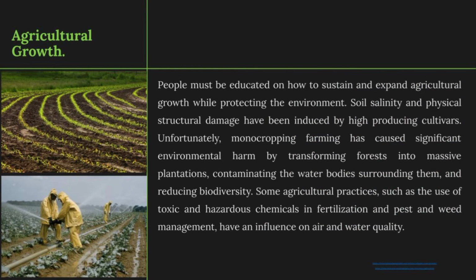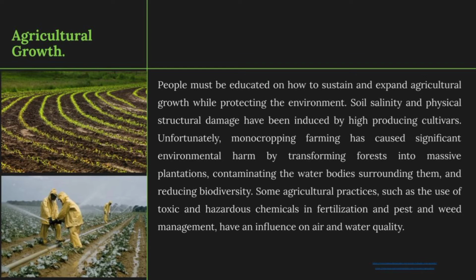Agricultural growth. People must be educated on how to sustain and expand agricultural growth while protecting the environment. Soil salinity and physical structure damage have been induced by high-producing cultivars.